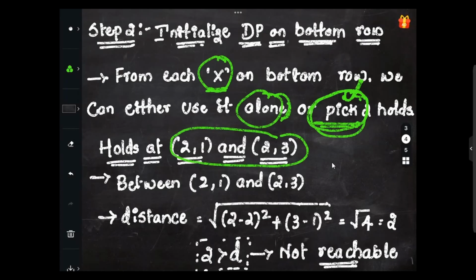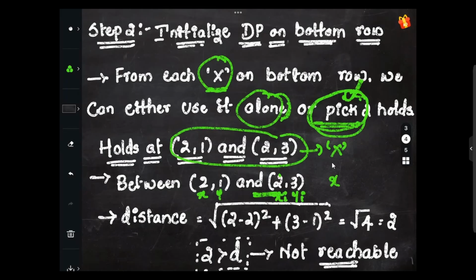So let's consider 2 comma 1 and 2 comma 3, because x is present on these. Between 2 comma 1 and 2 comma 3, let's apply the Euclidean formula for distance. Consider this one x, this one y, this one xi, this one yi.